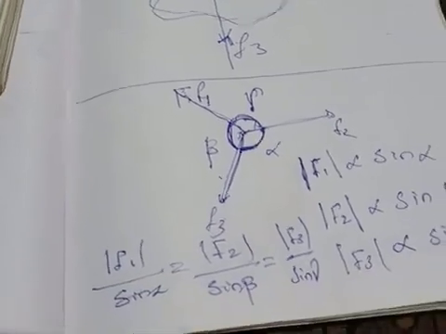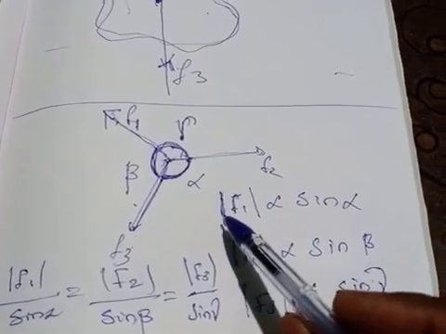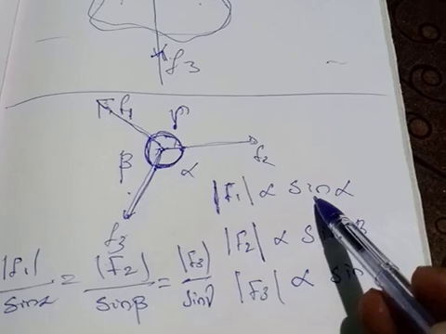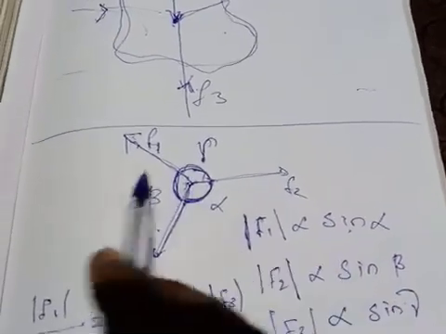So this is a very important 3-mark question. So what does Lami's theorem mean? You can tell that the magnitude of each force of the system is proportional to the sine of the angle between the other two forces. I told the example and the explanation.